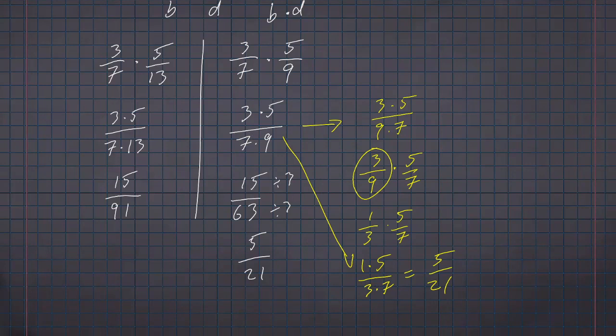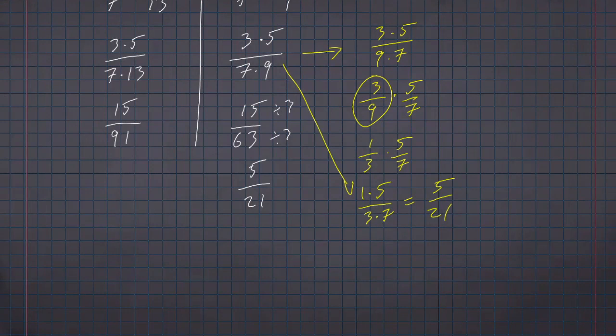And in fact, with enough practice, you can do this whole thing in your head without having to write down anything at all. But the trick is look for that early. If you have numbers you can reduce early, it saves you a lot of work later on. This particular problem is not too bad.